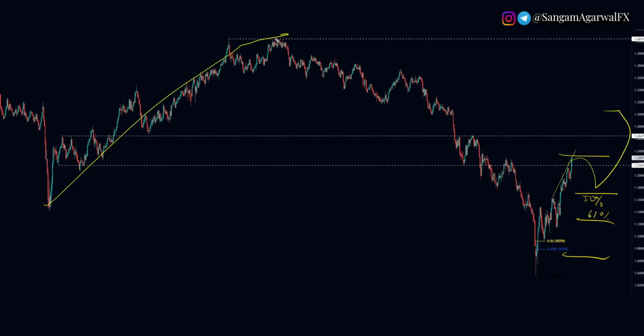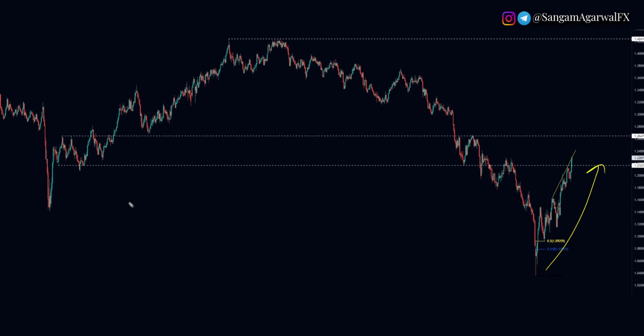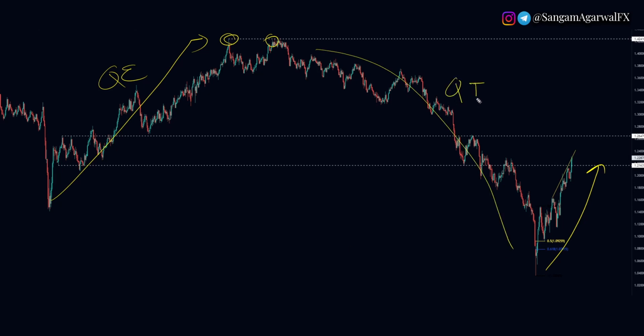And if we see this complete trend top to bottom, this is your new bullish trend. This was your last bullish trend when the Fed did QE monetary policy. This was your double top and it came down. Then in the middle of the trend, the Fed was hiking interest rates. That was the beginning of QT monetary policy, because before the rate hike, before QT, it made a double top.